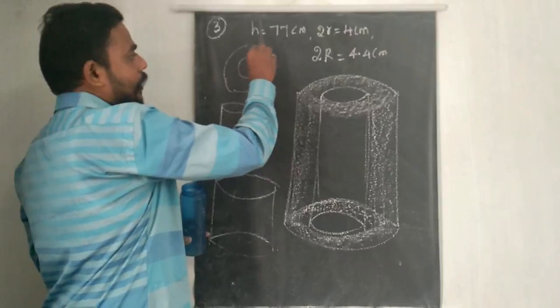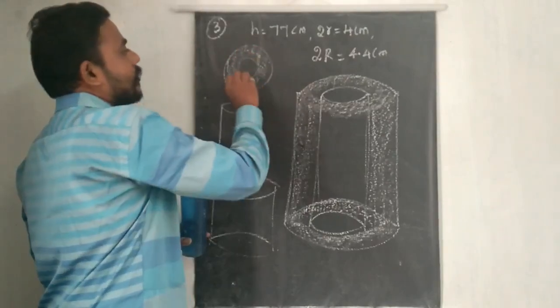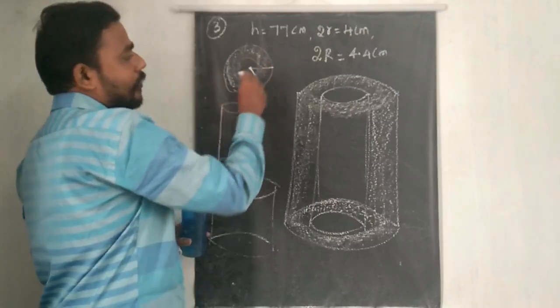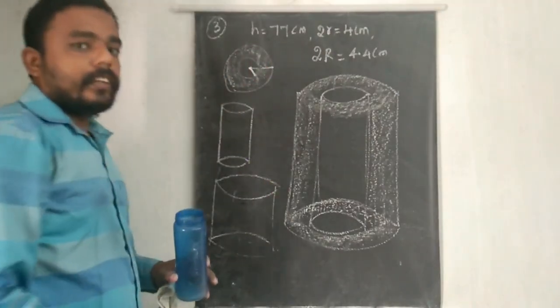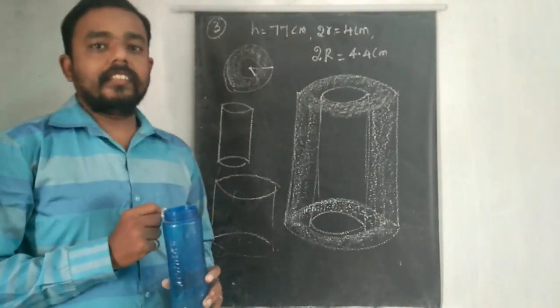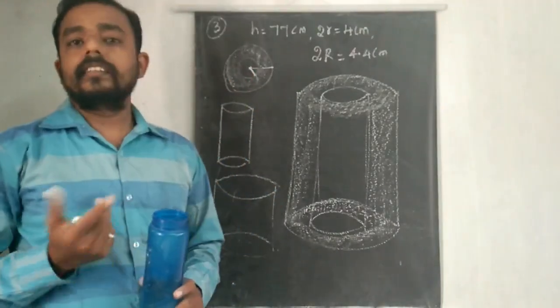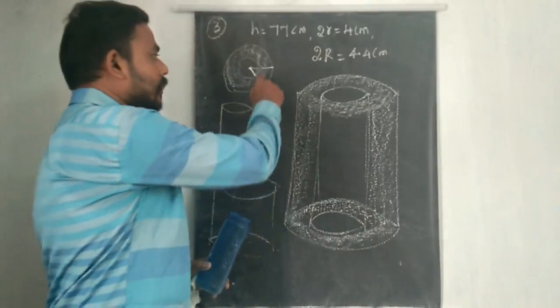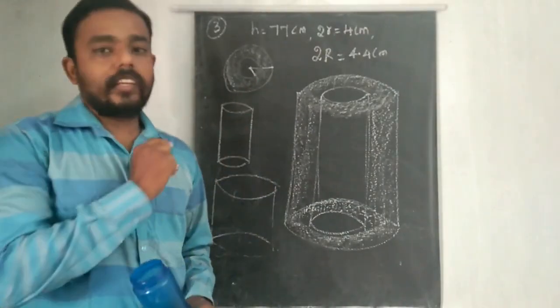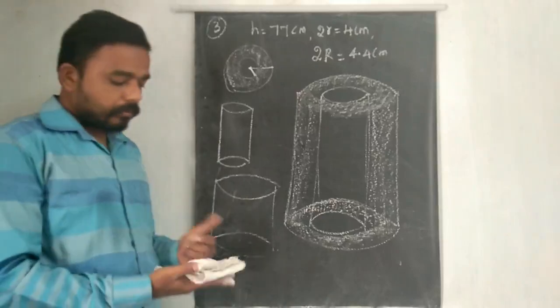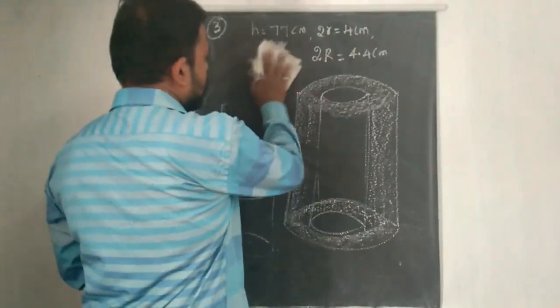In that circle we need to find this ring region. Here R values are different. So bigger circle area minus smaller circle area is nothing but the ring region. Okay. So this idea we are going to follow to solve the given question.